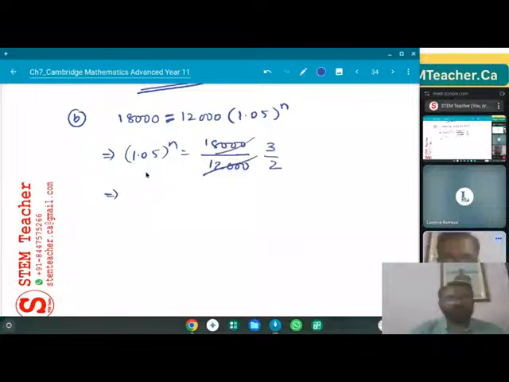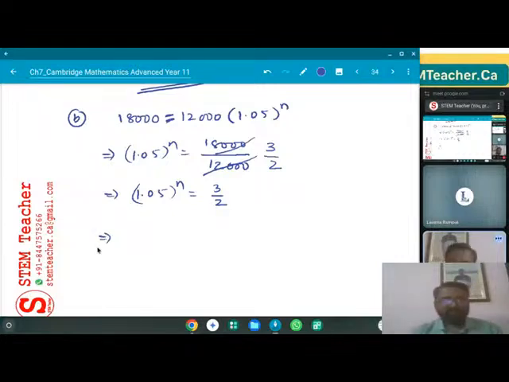Therefore, 1.05 to the power of n equals 3 by 2. If I take log, what kind of log do I have to take?